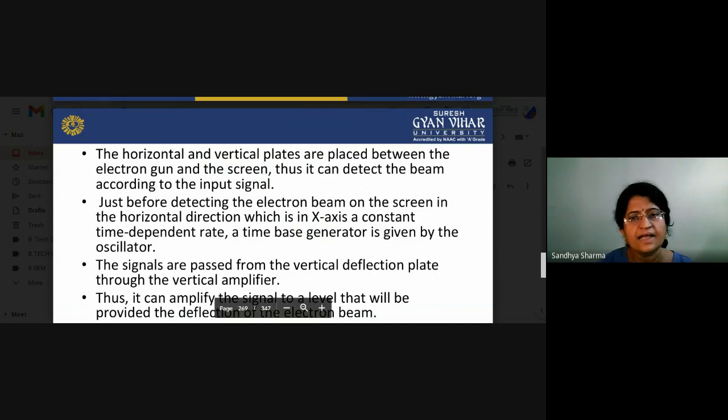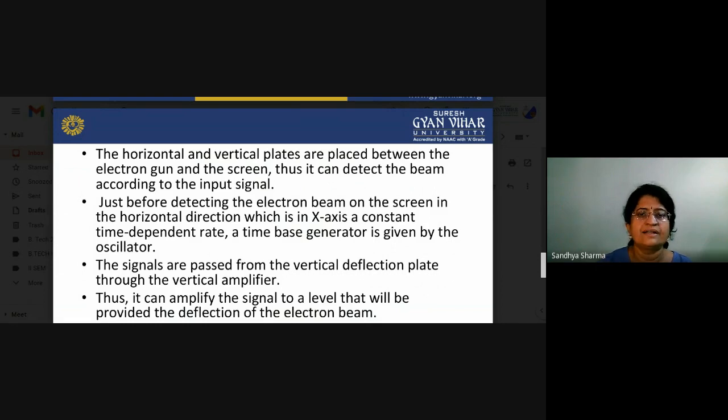The horizontal and vertical plates are placed between the electron gun and the screen, so they can deflect the beam according to the input signals. So we have to provide the supply to these horizontal and vertical plates.